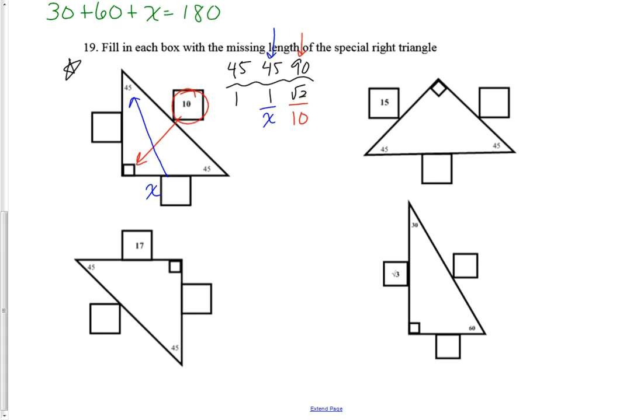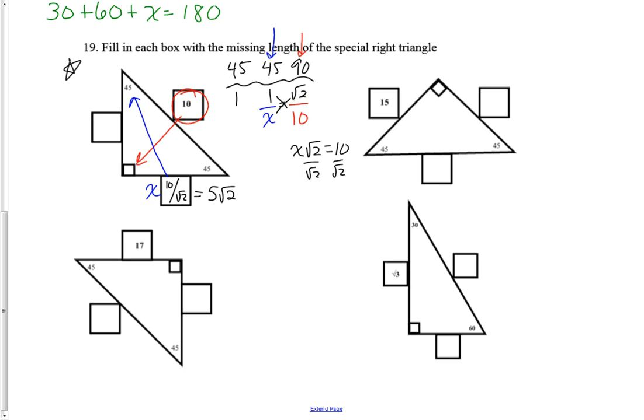I set these two fractions equal, and when I do, I get x times the square root of 2 is equal to 10. To get x all the way by itself, I need to divide both sides by the square root of 2, and my x is 10 divided by the square root of 2. There are other ways to write that. You may leave it like that, or if you rationalize the denominator, you will get the answer 5 times the square root of 2.